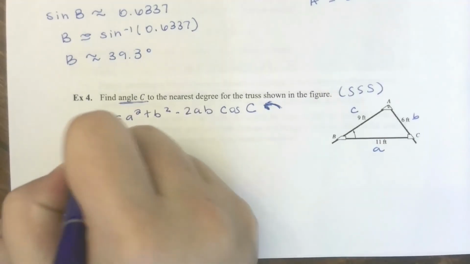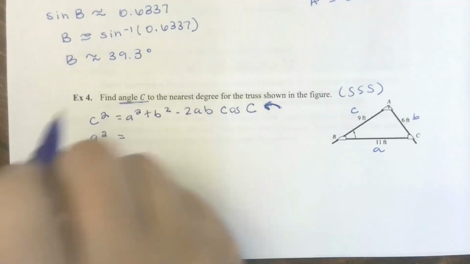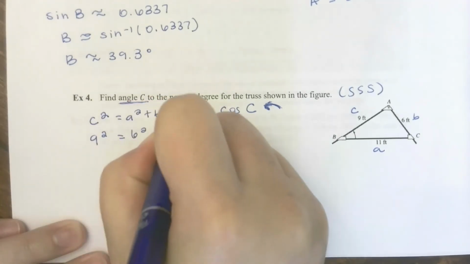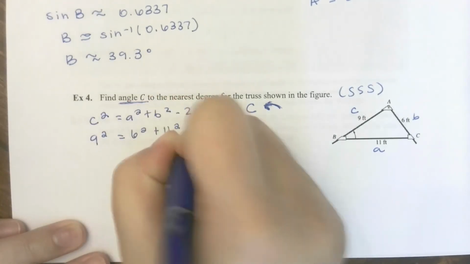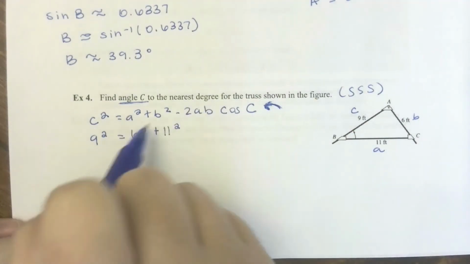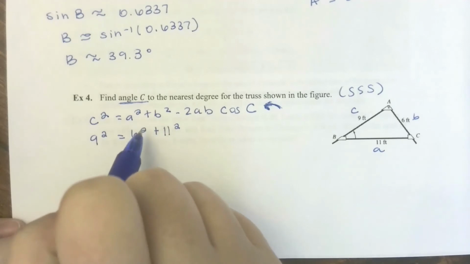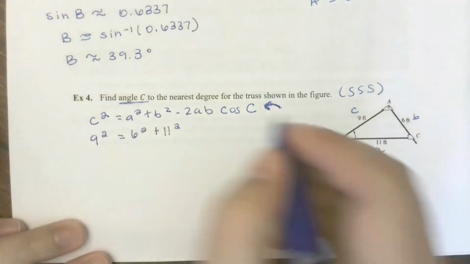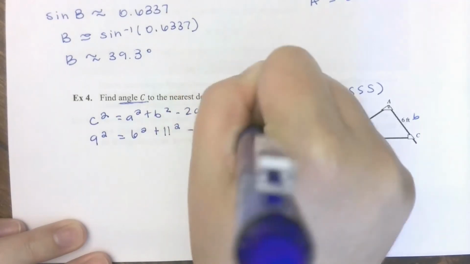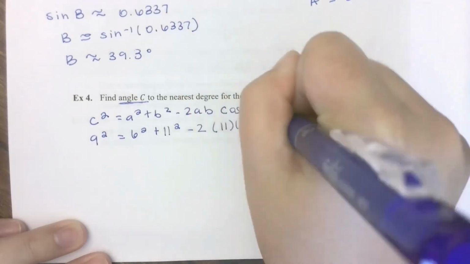So we have 9 squared equals 6 squared plus 11 squared. We did that backwards. 11 is A and 6 is B. So 11 squared plus 6 squared gives you the same thing, minus 2 times 11 times 6, and then times cosine of C.